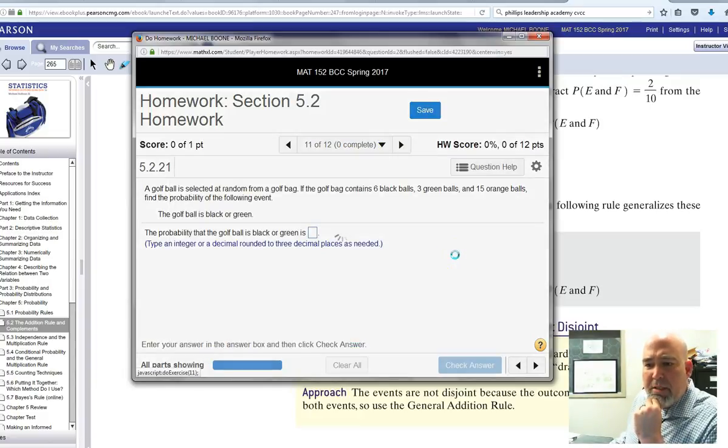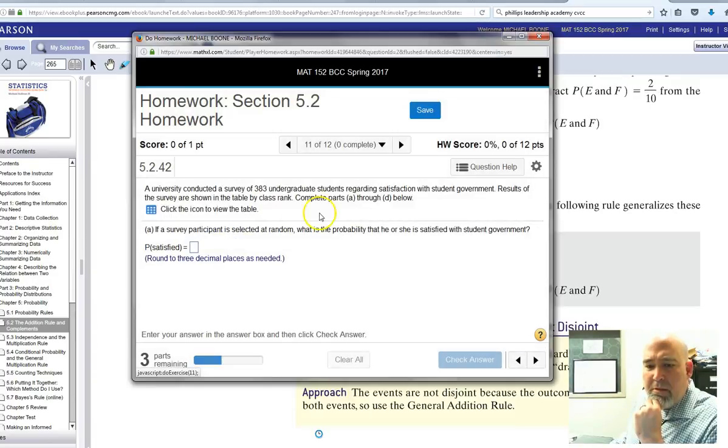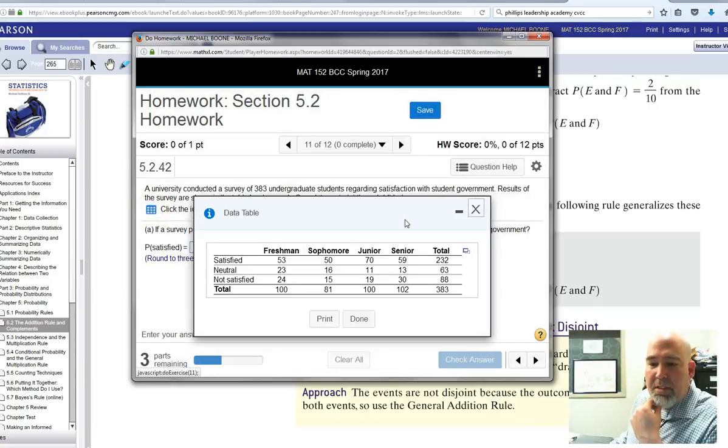So looking at number 11, they're talking about 383 undergraduate students. Results of the survey are listed below. What's the probability that he or she is satisfied with government? If we click on the table and look at satisfied with government, we have 232 out of the 383. This is all satisfied.